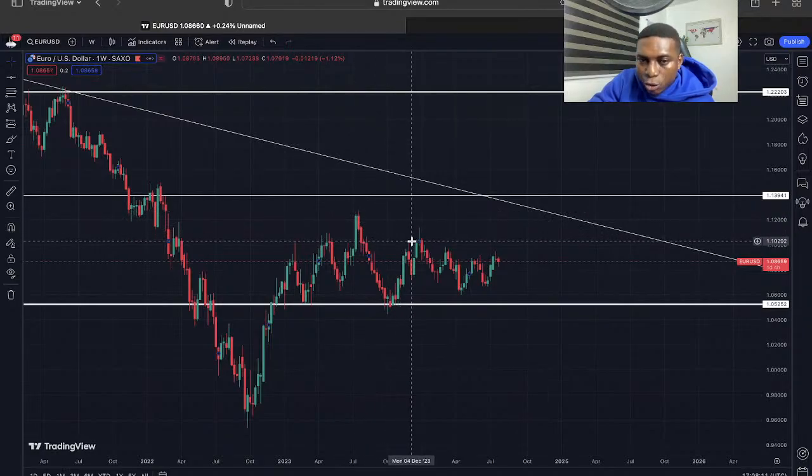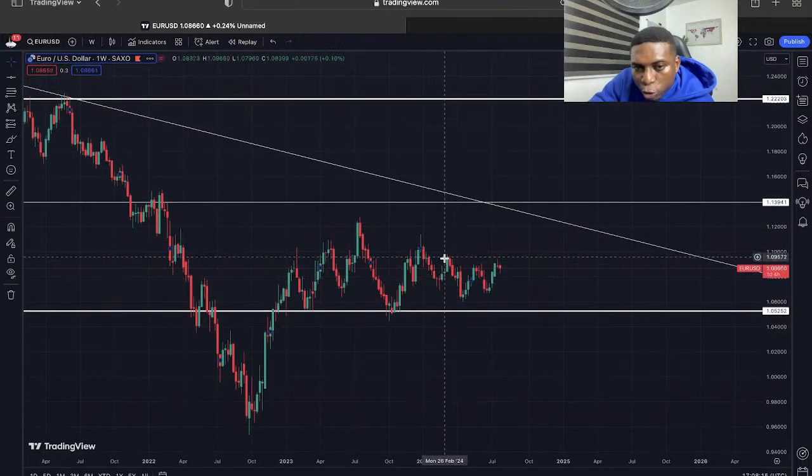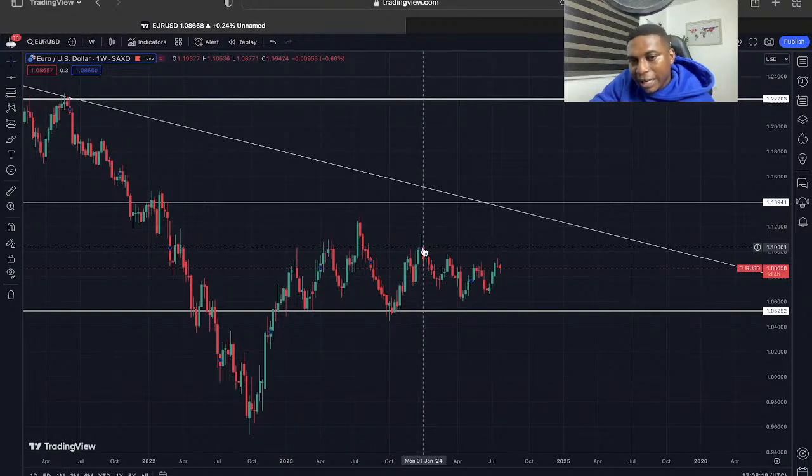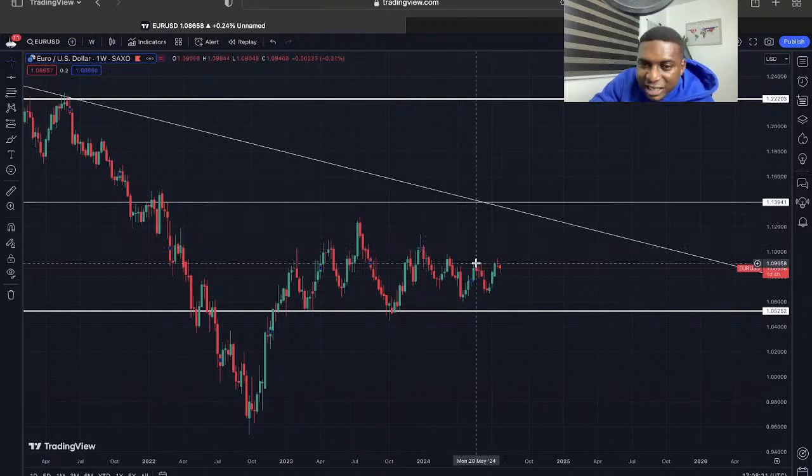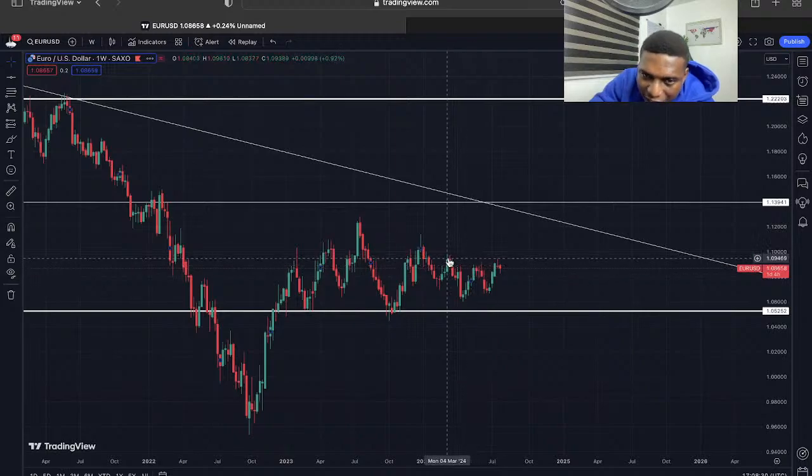It went down, came up here to create another high, but the current high is also lower than the previous high. It went down again, came back up to create another high, and this recent high is lower than the previous high.